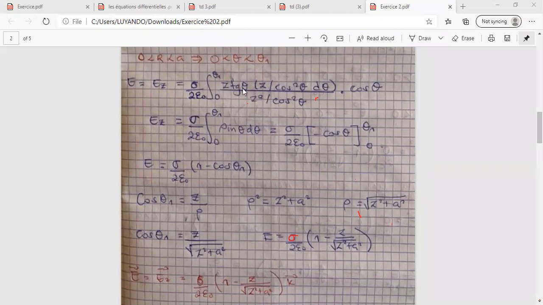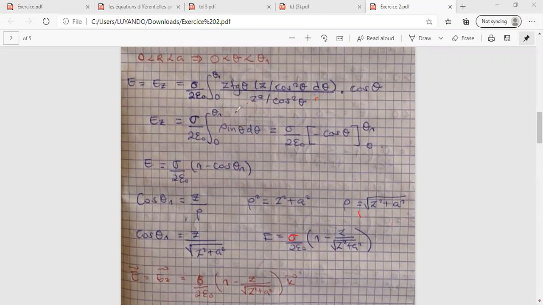We're going to have tan theta d theta times cos theta. And tan theta is equal to sine theta over cos theta, so the cos and the cos are going to cancel. We're going to remain with sine. So the Z's will cancel, the cos thetas will cancel, the cos squared thetas will cancel.